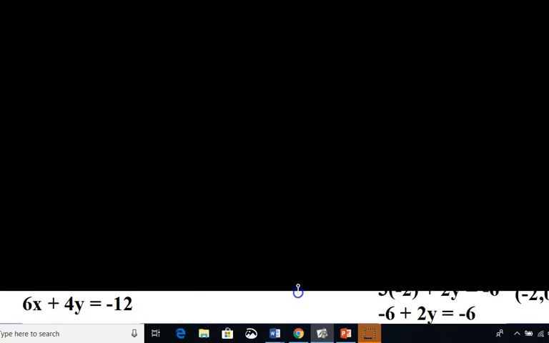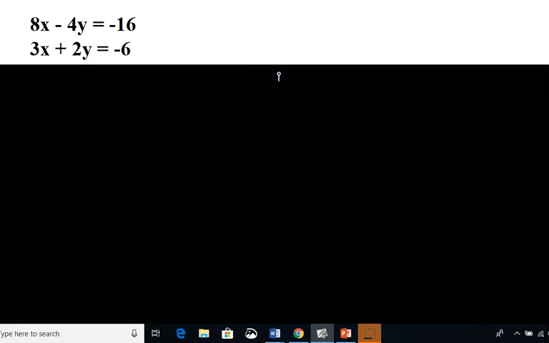In the next problem, I'd like to show you how to solve a system where it's not ready to go. Thank goodness the x's and the y's are lined up, but nothing will cancel right at the moment. So pause the video and see if you can do something to one of the equations to make a set of variables cancel.